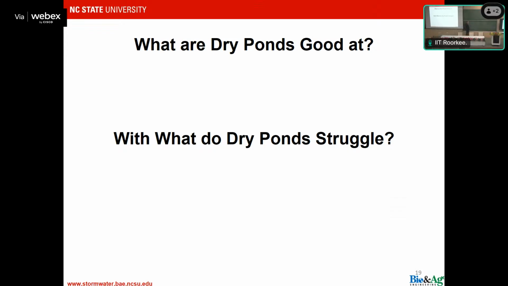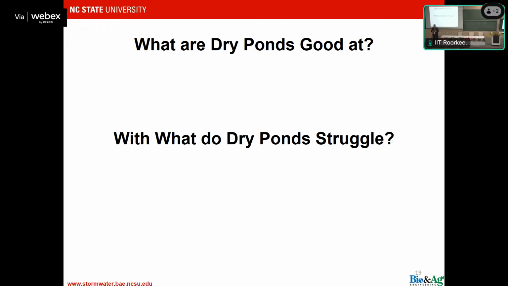Because, and tell me why. Why do you think it's not as good at sedimentation as the next two practices? Sediment comes in. It hangs around, let's say, for 5 days. Does it fall out during that 5 days? Yes. Some of it falls out during that 5 days. Then what happens next time it rains? You ready for this one? It resuspends some of that sediment that just fell out 3 days ago.